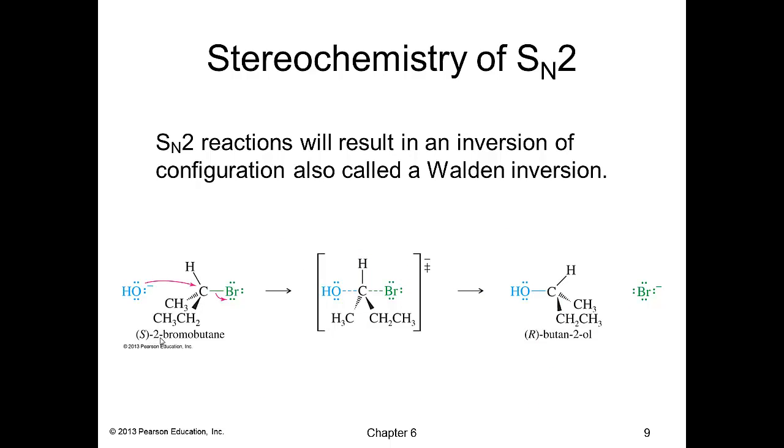Okay, so in this case, I have 3 different groups attached to the carbon, and I want to illustrate to you the inversion product of an SN2 reaction. Take note, SN2 reaction will only result in one kind of product. Just one product.